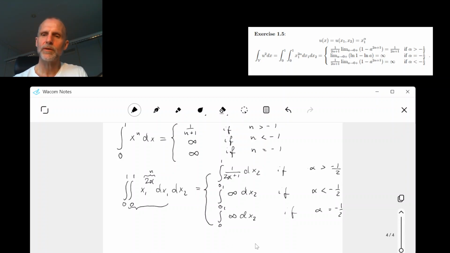So what does this mean? Well, the integral of infinity from 0 to 1 is just equal to infinity. The integral from 0 to 1 of this constant is just equal to this constant multiplied with 1.